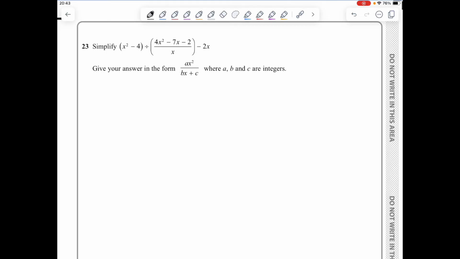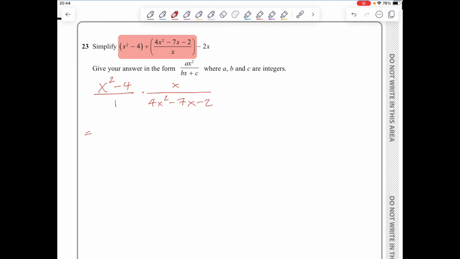For question 23, I'll first work with the division here, and then once I simplify that one, I will subtract 2x. So I'll start by flipping the second fraction and changing the division to multiplication. So (x squared minus 4) over 1 times x over (4x squared minus 7x minus 2).